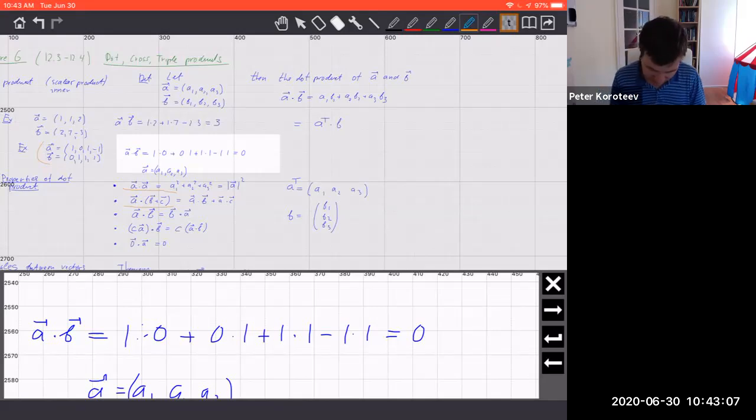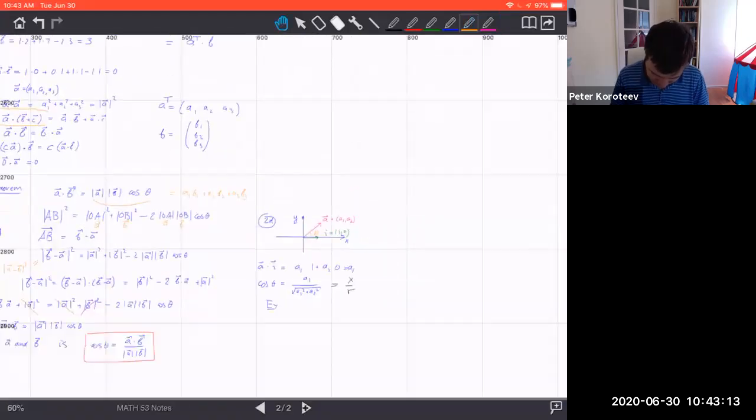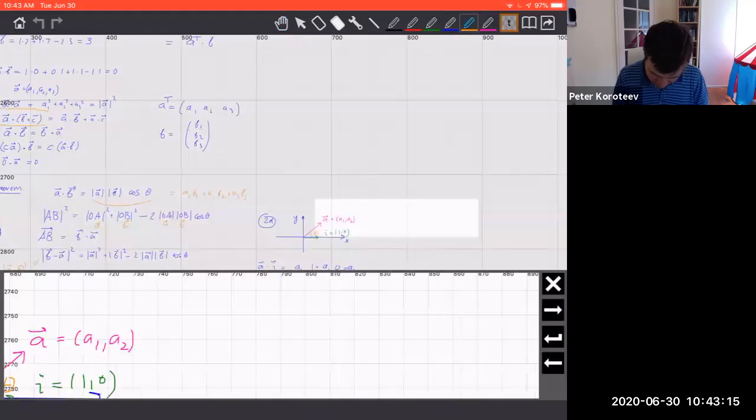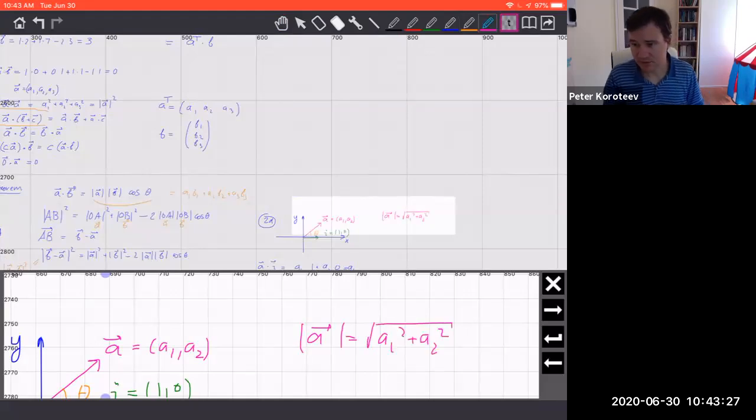Oh, if you have a vector with its components, right, its absolute value, the length of the vector, is the square root of a1 squared plus a2 squared. Talked about it yesterday, right? And if it's a vector in 3 dimensions, you just have some more of those. Yeah, just the Pythagorean theorem.